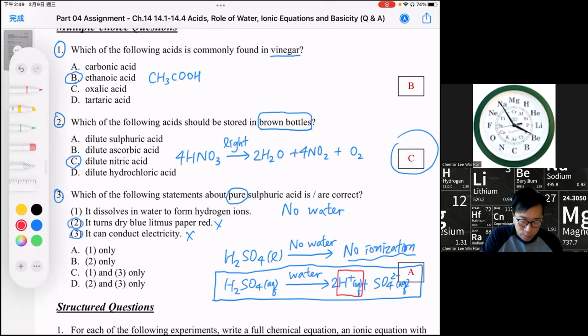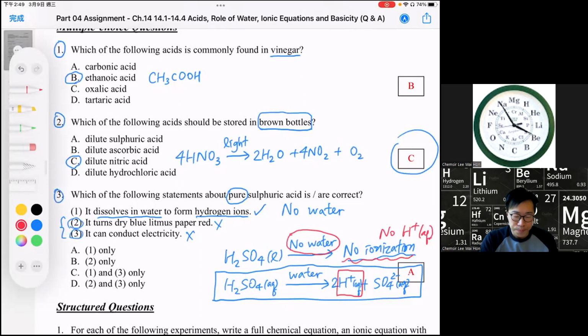So when water is present, that means in statement 1, dissolved in water, it forms hydrogen ions. So it is a correct statement. Going back to the statements 2 and 3, make sure you know that when there is no water, there will be no ionization, and so no H+(aq).